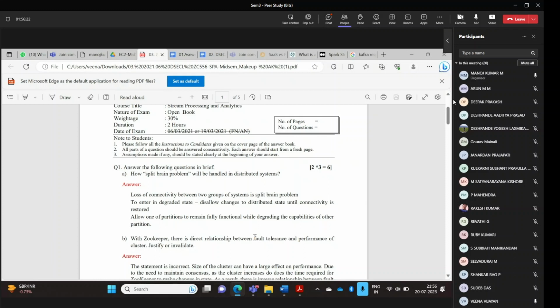All the data coming from different brains may be inconsistent, so how would you make it consistent? It's not centralized, so that's why the word split brain. So what exactly is split brain trying to say here?